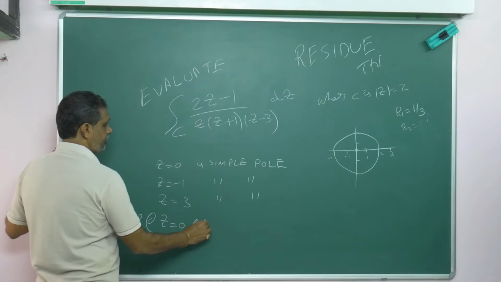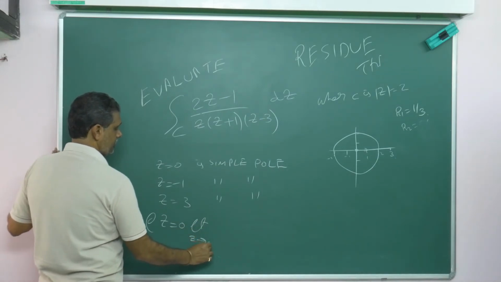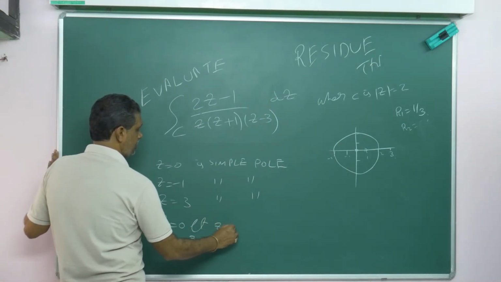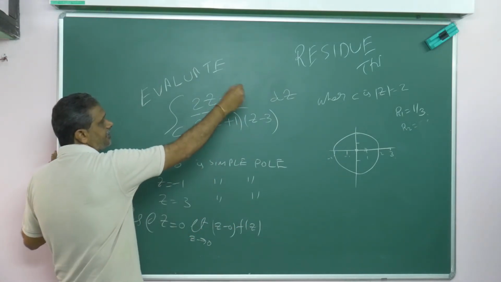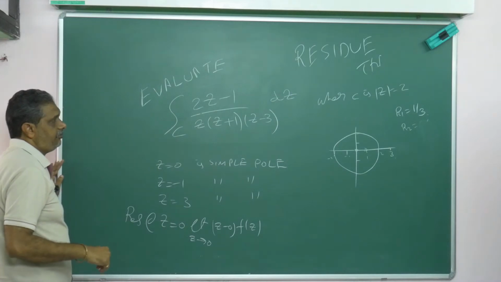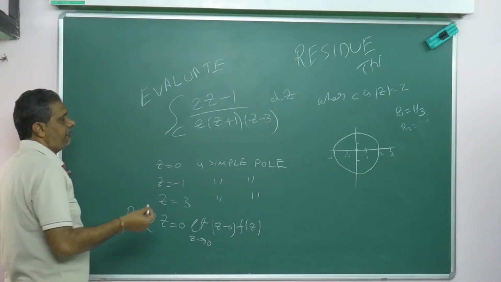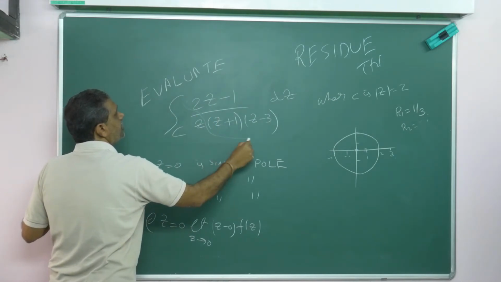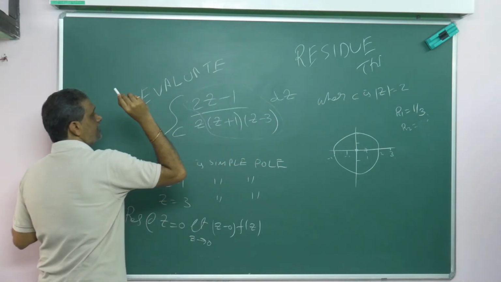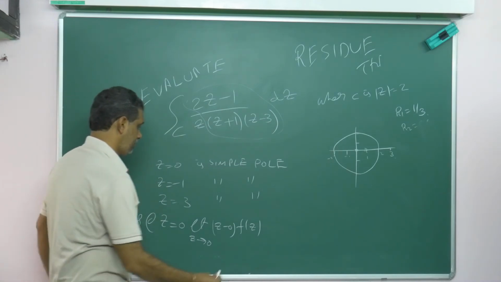Residue at z equal to 0 is limit z tends to 0 of z minus 0 into f of z. Who is my f of z? This whole fellow is f of z.